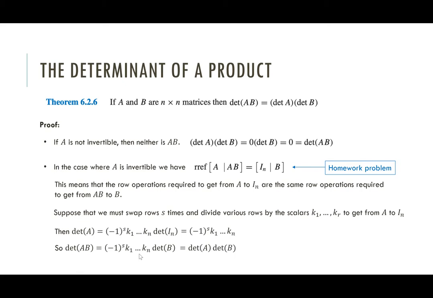We get that even when A is invertible, the determinant of AB equals the determinant of A times the determinant of B. Cool, this is nice.